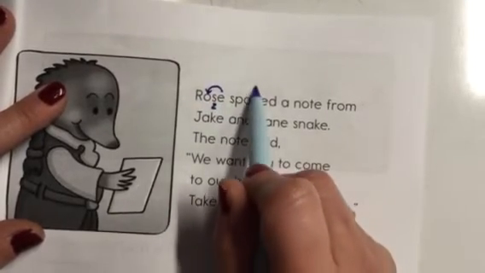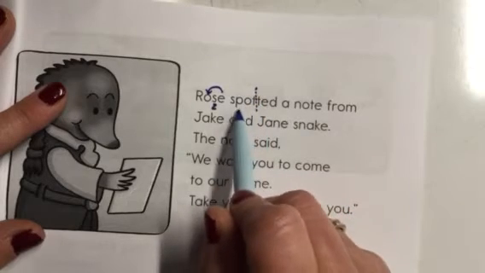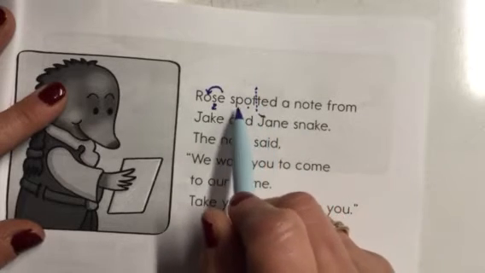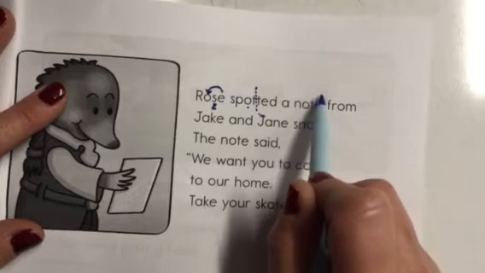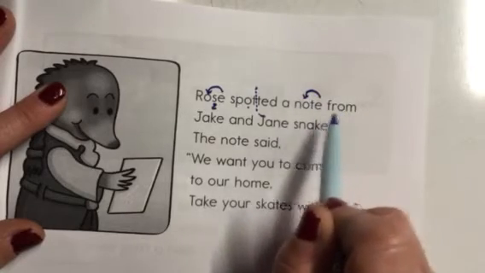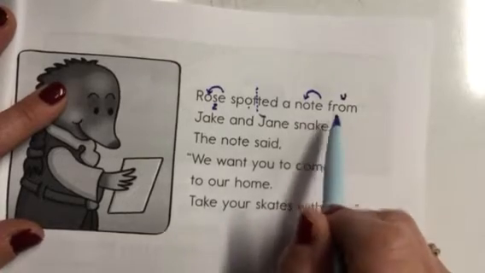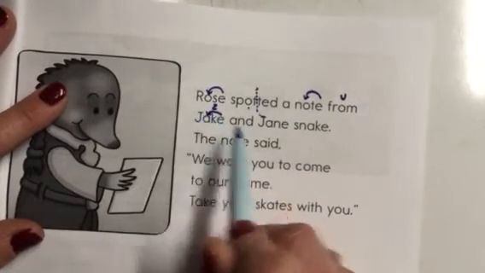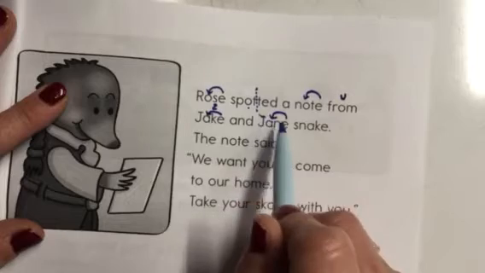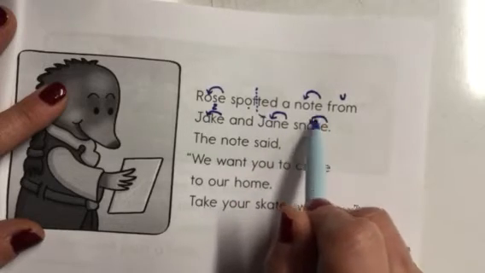Now, when I look at this word, I'm going to divide it between syllables. Spotted. Spotted a note from, if I need to put my U above it to remind myself it's not saying ah, from Jake and Jane Snake.